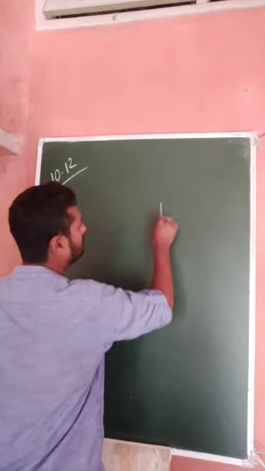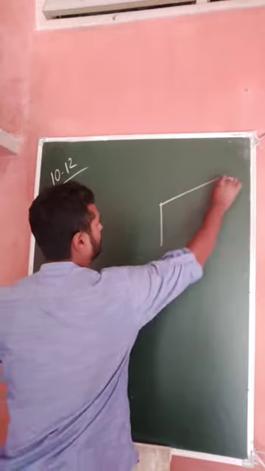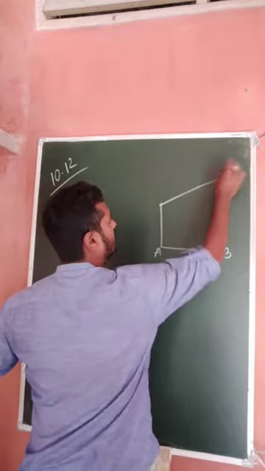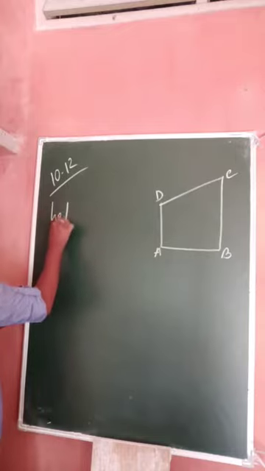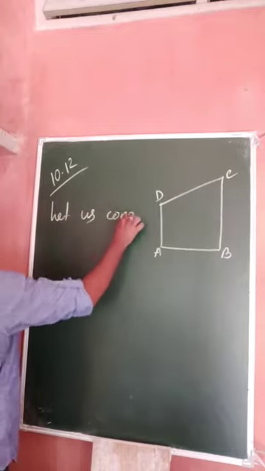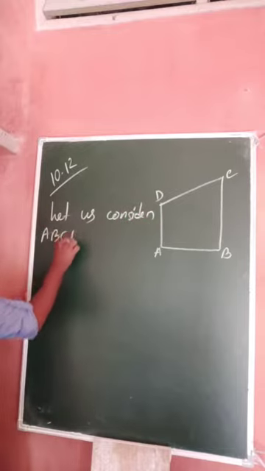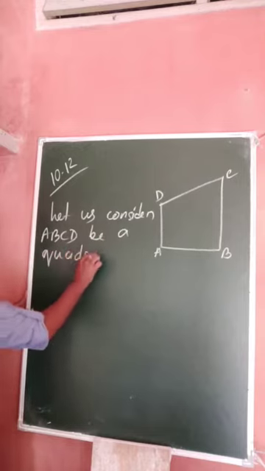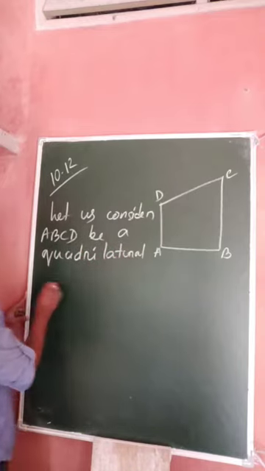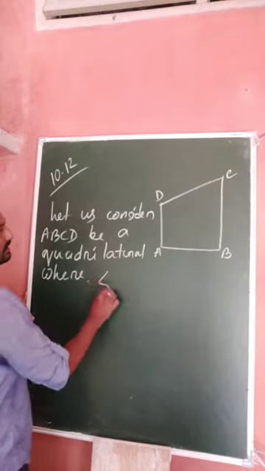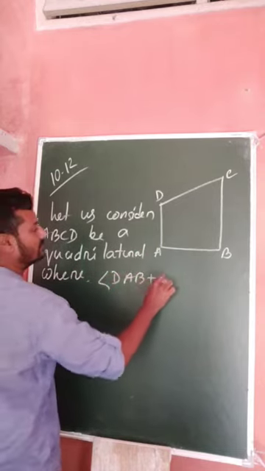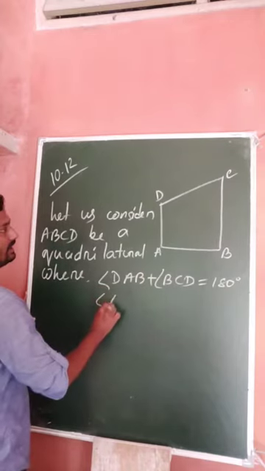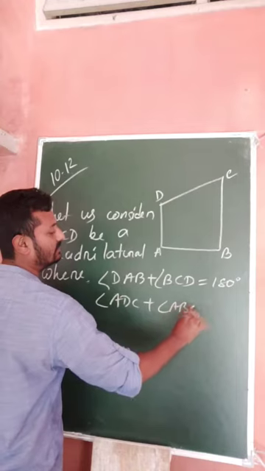Okay, so suppose we consider ABCD. Let us draw and consider ABCD to be a quadrilateral where angle DAB plus angle BCD is equal to 180 degrees, and suppose angle ADC plus angle ABC is equal to 180 degrees.